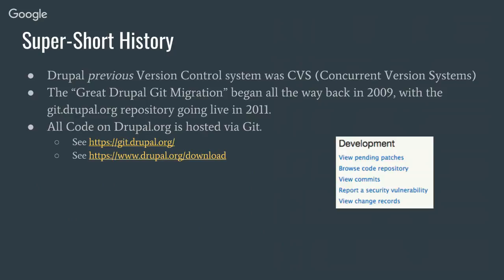So as of 2011, I don't care about CVS, right? That's the way it works. All code on Drupal.org is hosted via Git, which is git.drupal.org. And so anytime you download anything from Drupal, you're actually downloading from the Git repository.